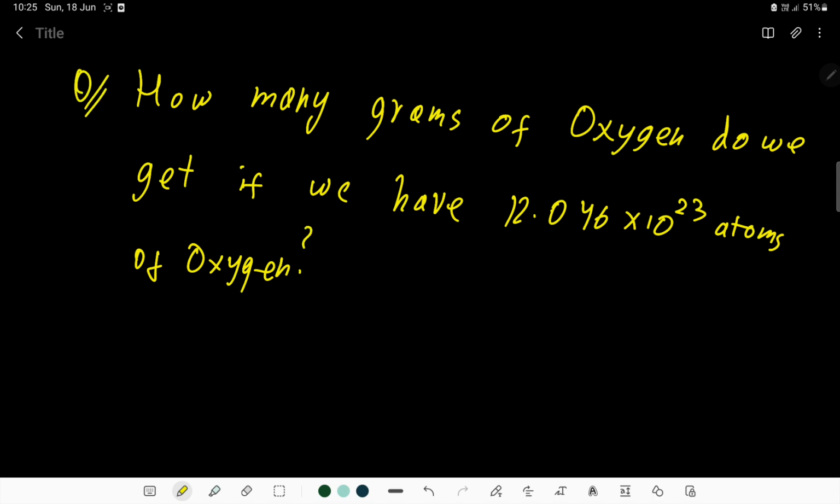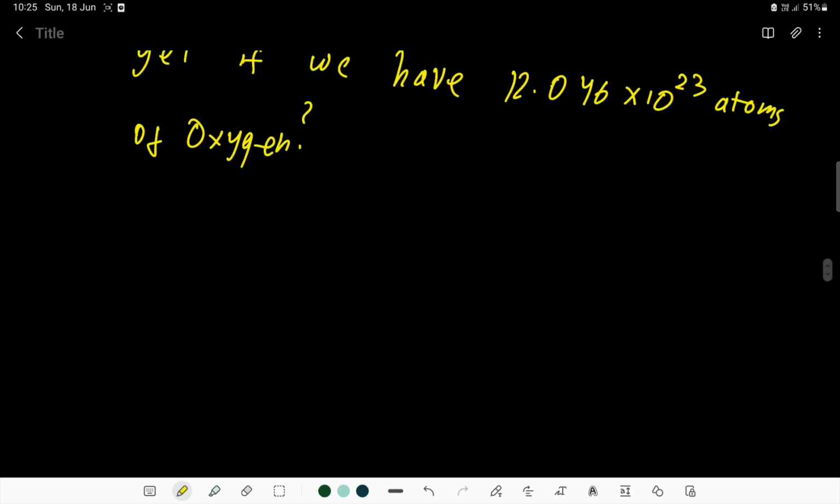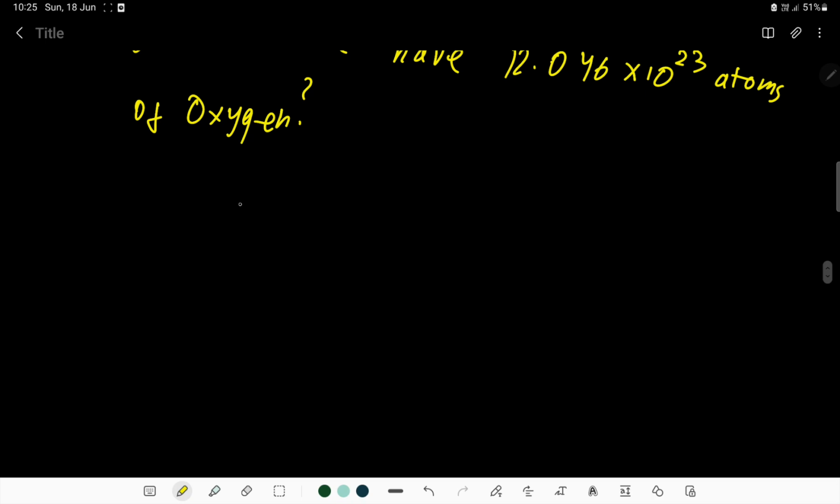This is one of the most basic questions which can come. So how many grams of oxygen do we get if we have 12.046 into 10 to the power of 23 atoms of oxygen?